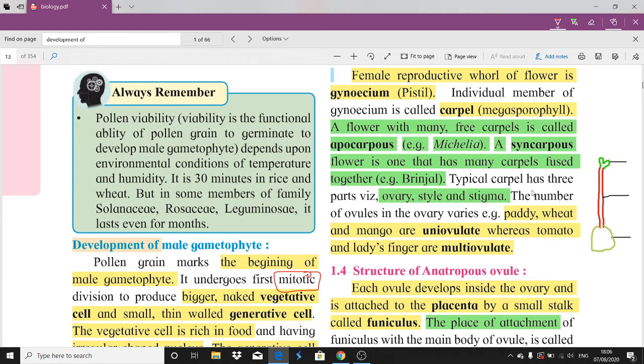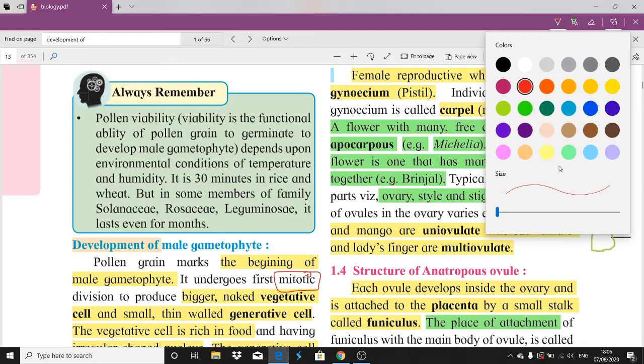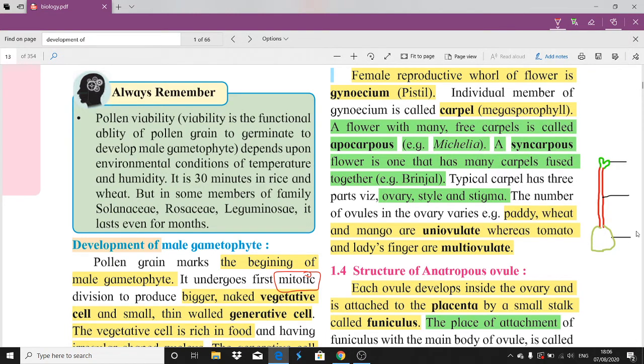Okay, so the typical carpel has three parts. क्या क्या parts है? Now ovary. This is the ovary part. Second is style. So you have studied it in your 11th standard. This is called as style, and this is a very important part because it plays a very important role as far as fertilization is concerned. जो pollen grains यहाँ से आ रहे हैं, the pollen grains fall on this stigma part.